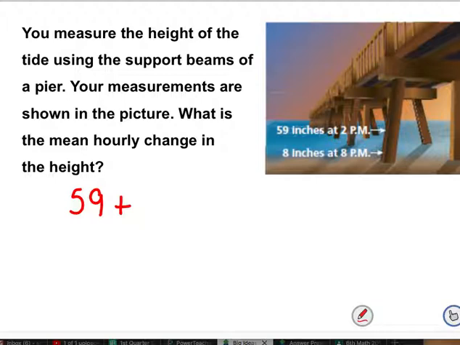What do you think, Tanner? Yeah, it did, but we're not adding how much the tide dropped. We're adding what the tide was at 8 p.m. Well, at 2 p.m., how many hours do we have? We have 6 hours that we're dealing with.